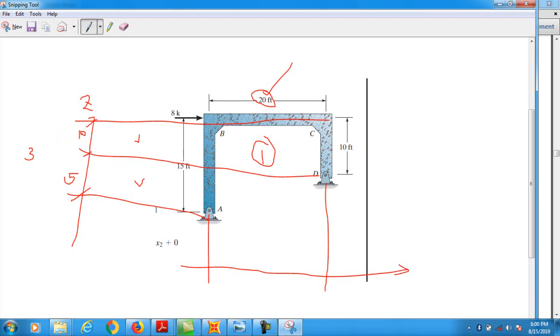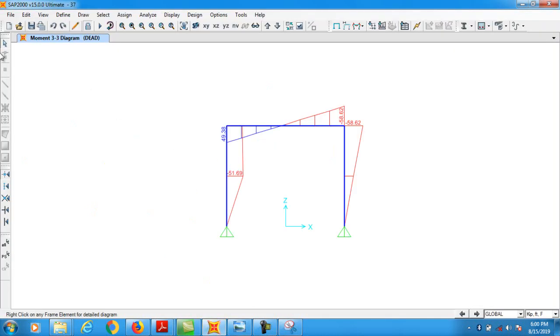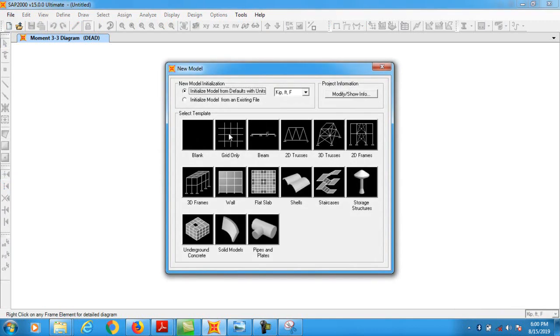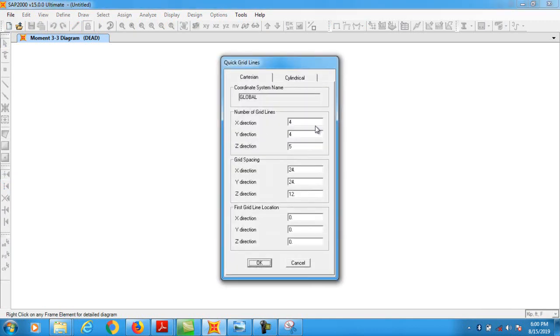If you are using grid spacing, just press edit custom grid lines, and your AB spacing is 20 feet, so this will be okay. But in the Z option, if you select this grid only, in the grid you have 2, make it 1.